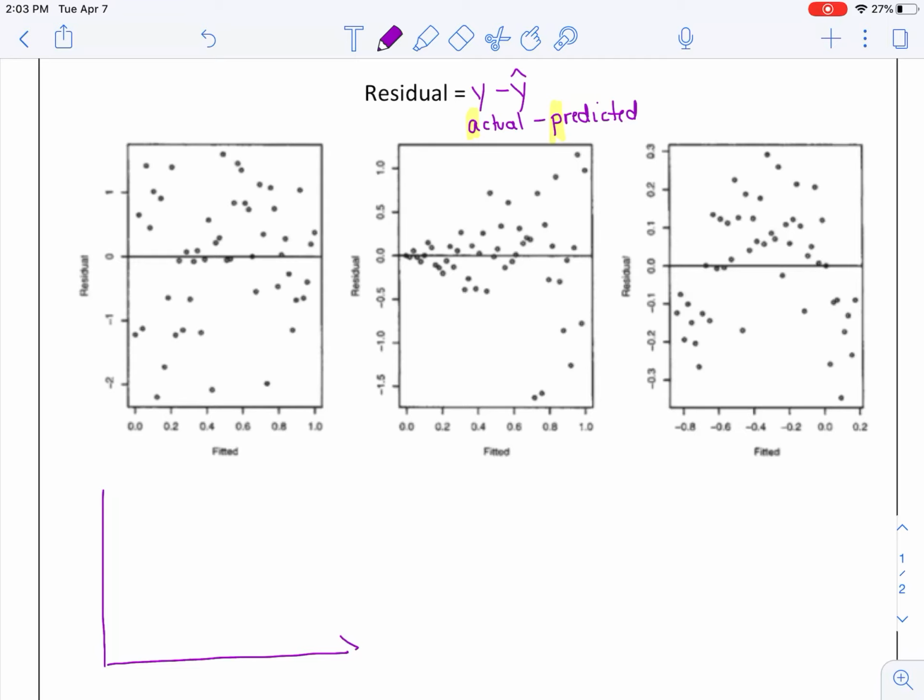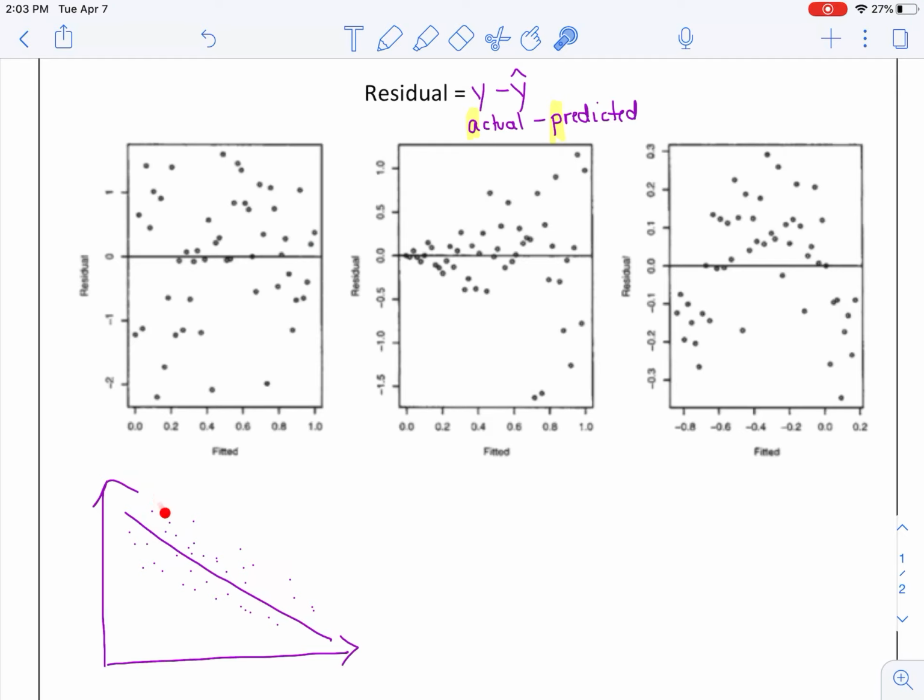If I have an original scatter plot, here are all my points. And if I fit an appropriate line to it, maybe I'll add a couple more dots down here.